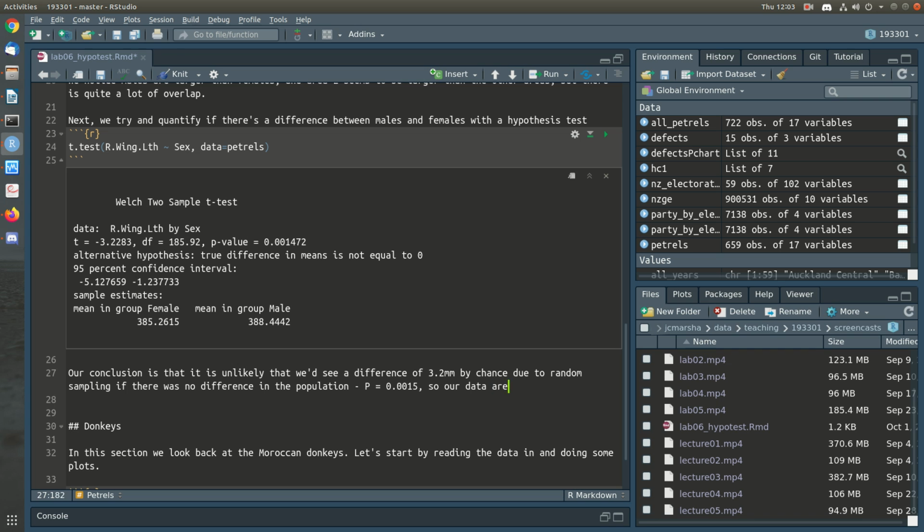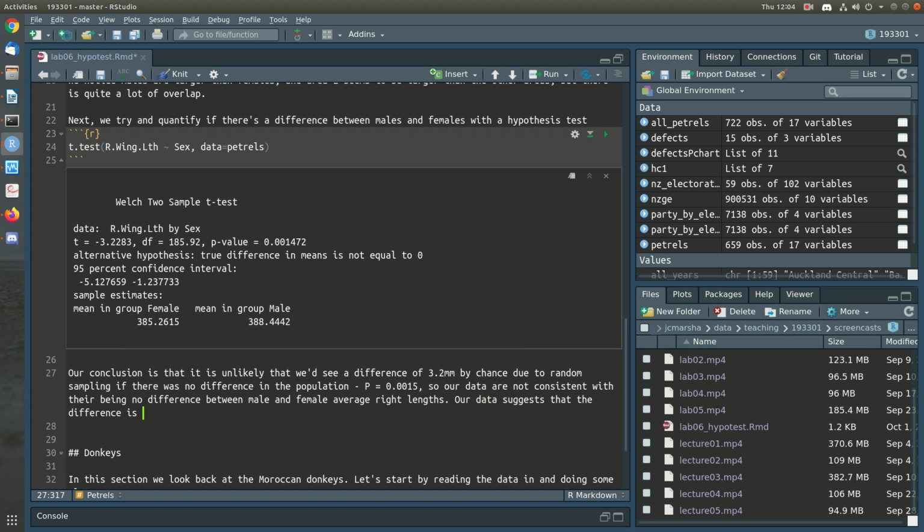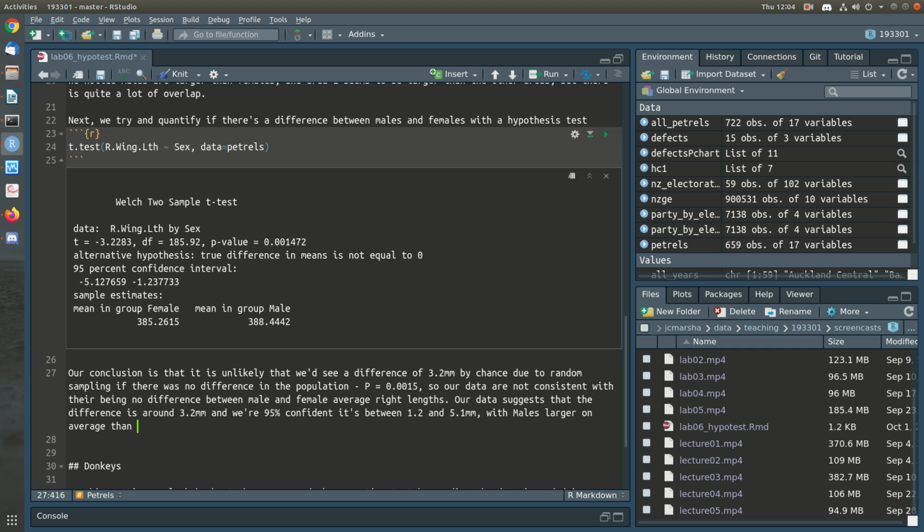So our data are not consistent with there being no difference between male and female right wing lengths. Our data suggests that the difference is around 3.2 millimeters, and we're 95% confident it's between 1.2 and 5.1 millimeters, with males larger on average than females.